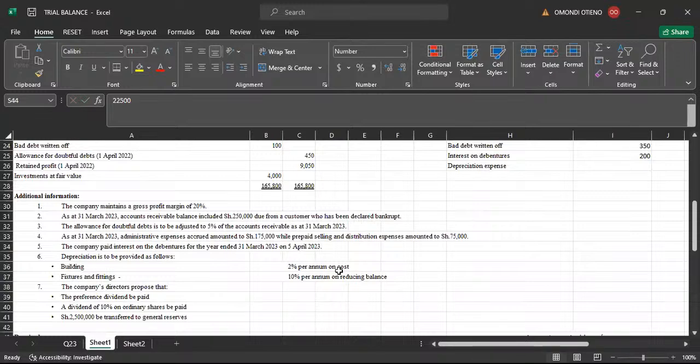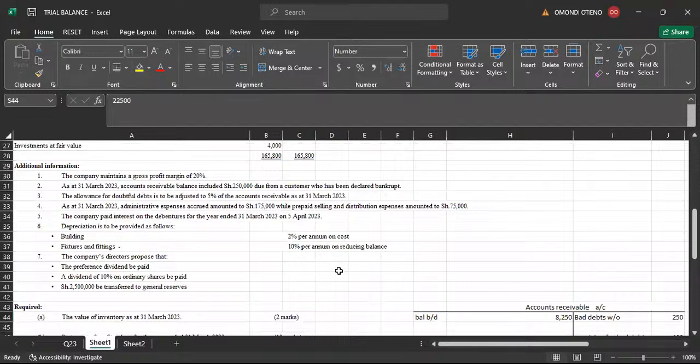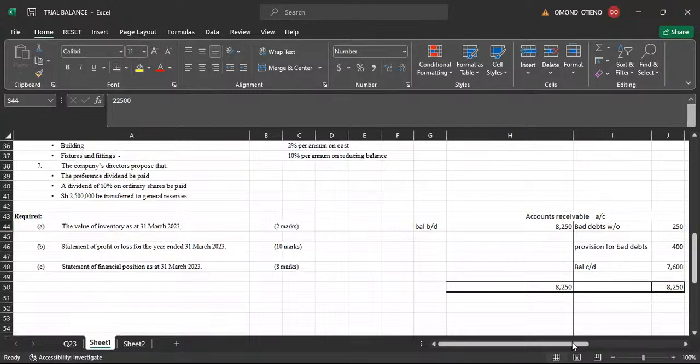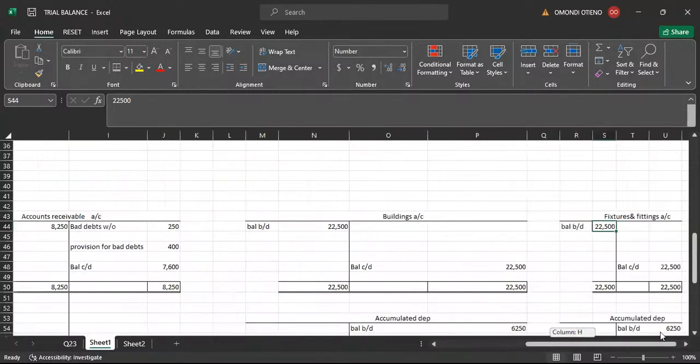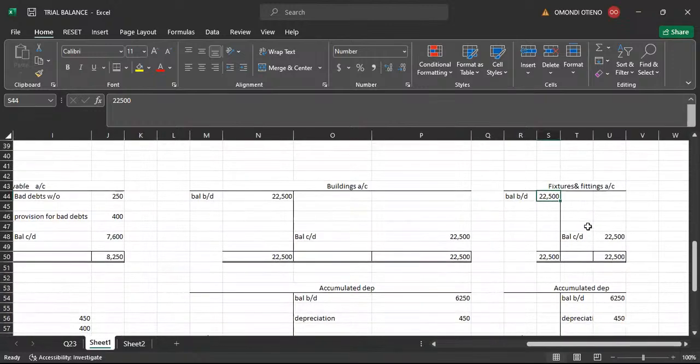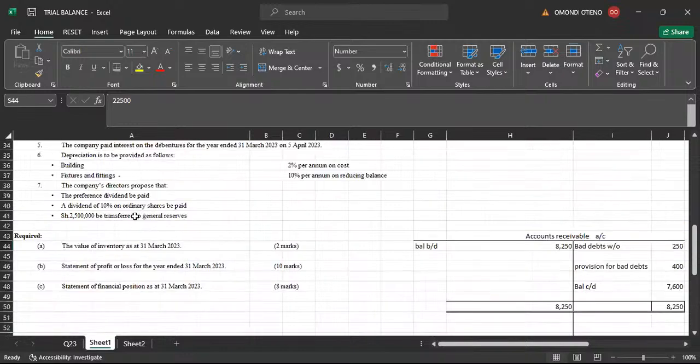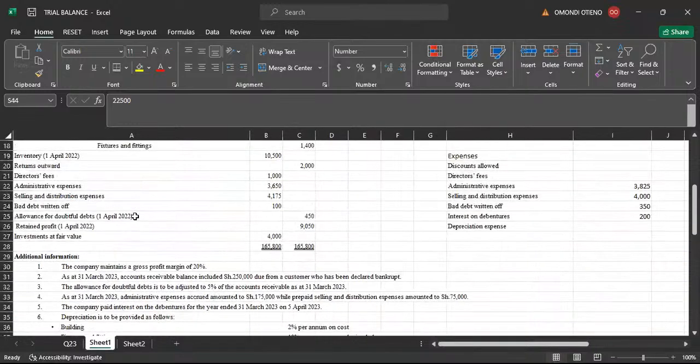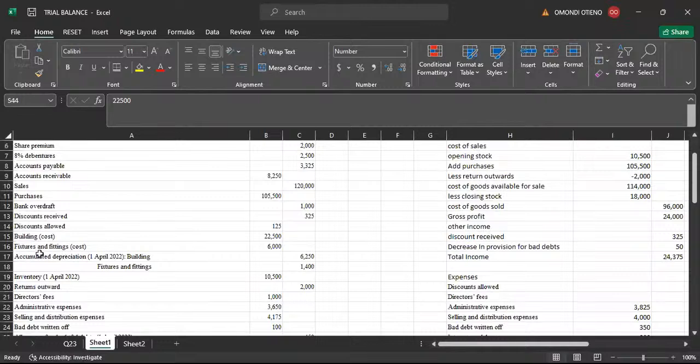So what we need to have here is that the depreciation will be reducing the cost of this asset in the same account. So my balance brought down, or my cost of this asset, the cost. So we have cost is 6,000.